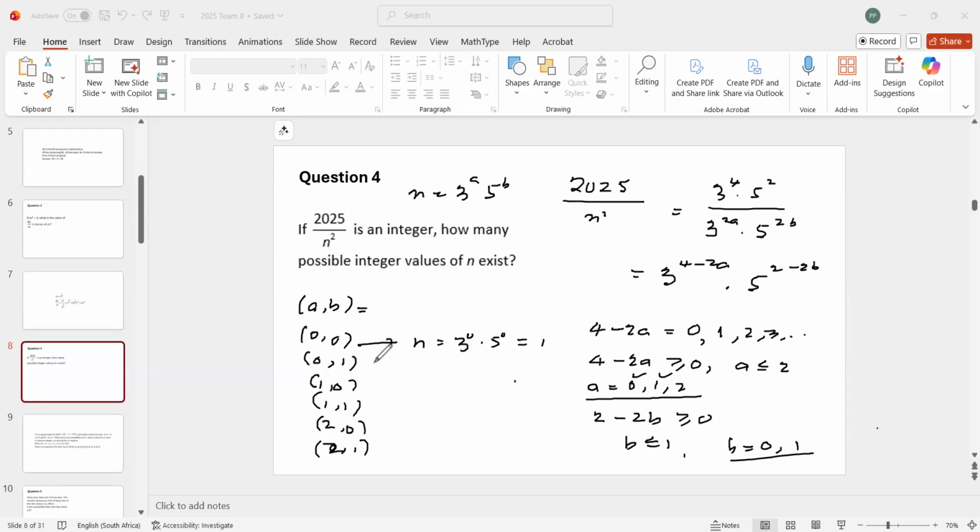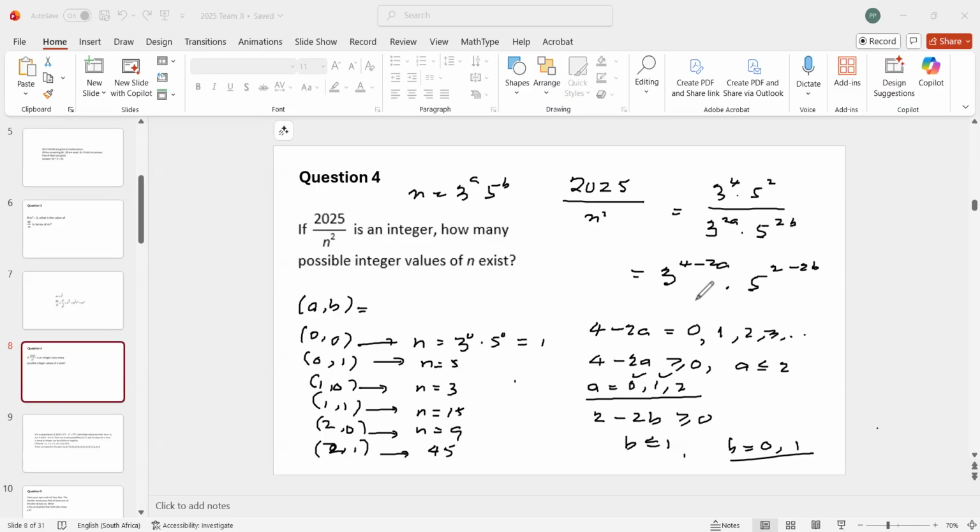And here you have n is 5. And here you have n is 3. And you have 3 times 5, 15. And here you have 3 squared. And here you have 3 squared times 5, which is 45.